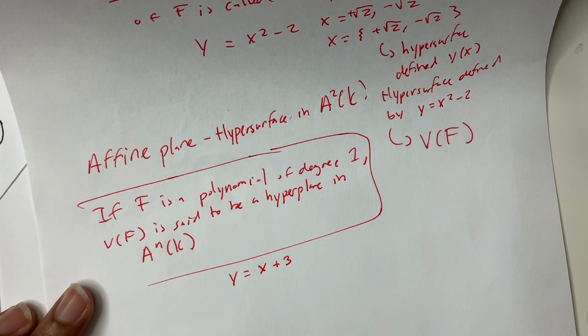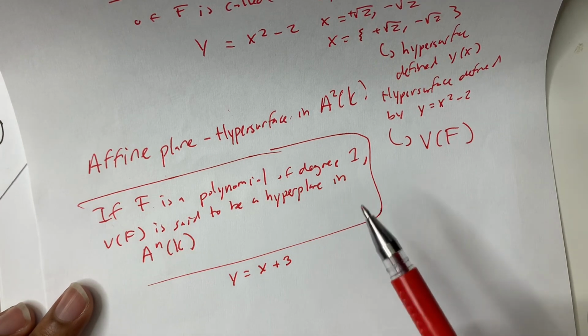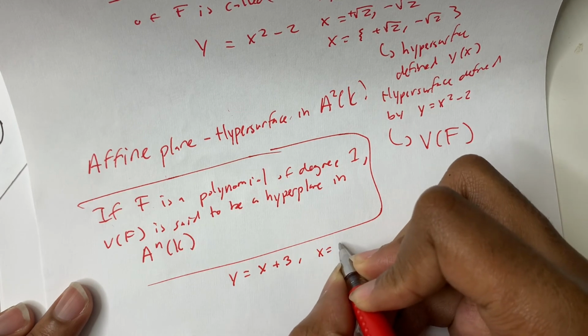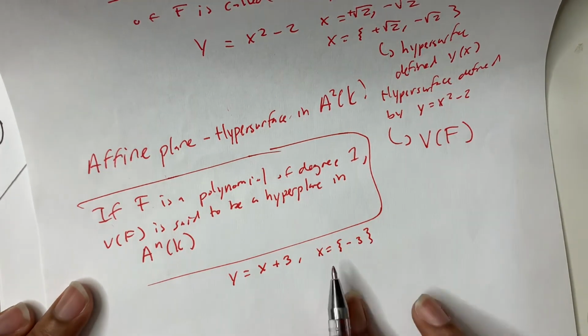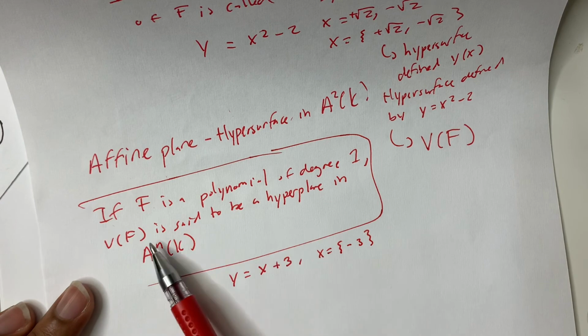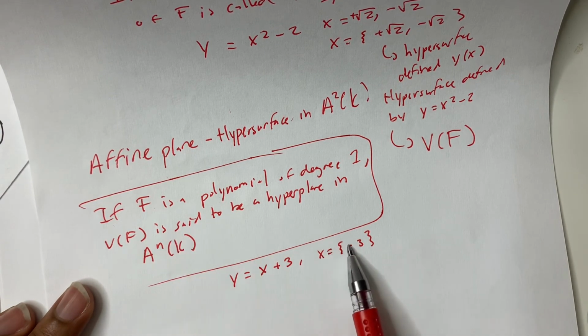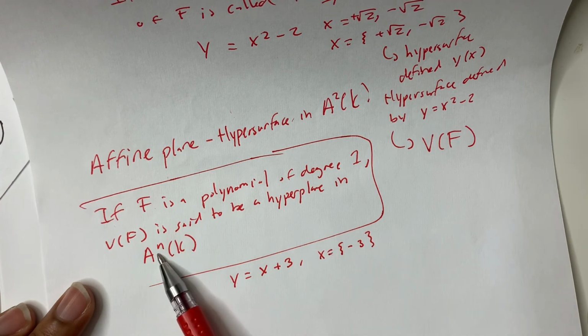Degree just means like the highest exponent. The zeros of that, well, there's only one zero here. It's going to be x equals minus 3. So this is the hypersurface, and this is a hyperplane in A n K.